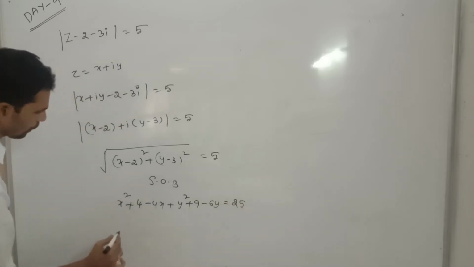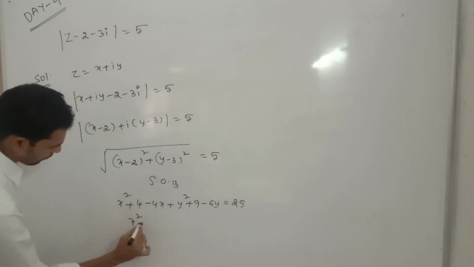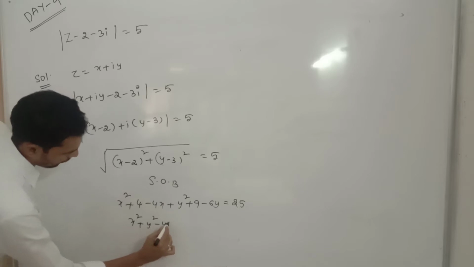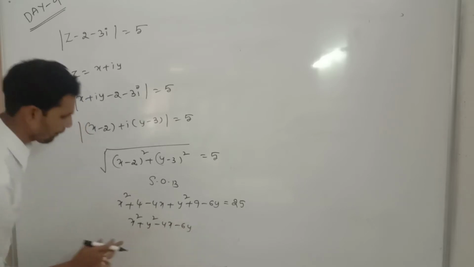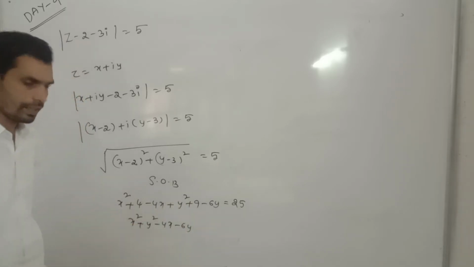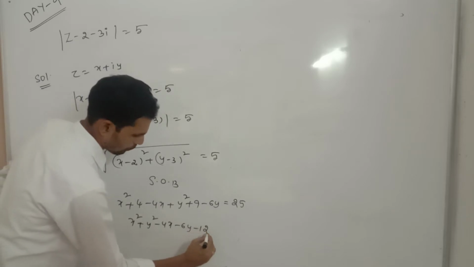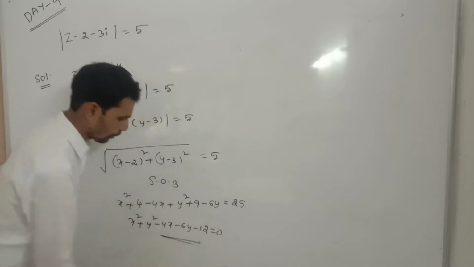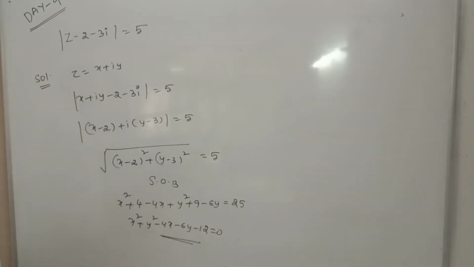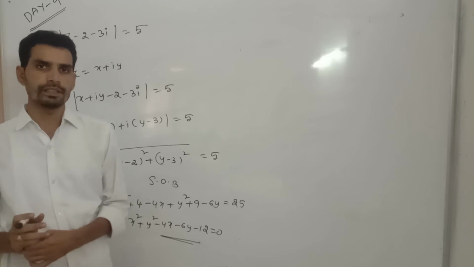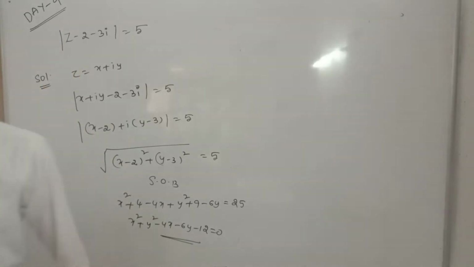What is the locus equation now? x square plus y square minus 4x minus 6y, 9 plus 4 is 13, 13 minus 25 means minus 12, equal to 0 is the locus of the given problem. x square plus y square minus 4x minus 6y minus 12 is equal to 0.